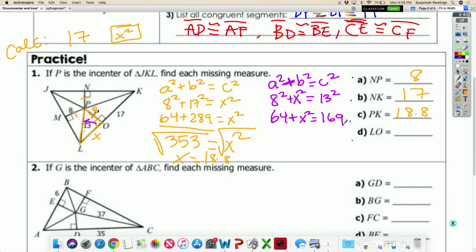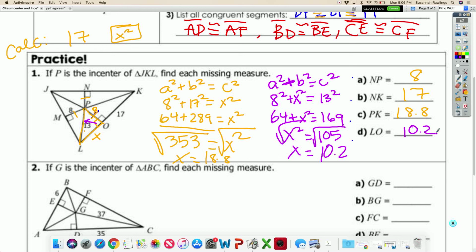That's 169. Let's go ahead and subtract 169 minus 64. We get x squared equals 105, and let's square root that number. I'll give you a second to do that in your calculator. And that should give us 10.2.